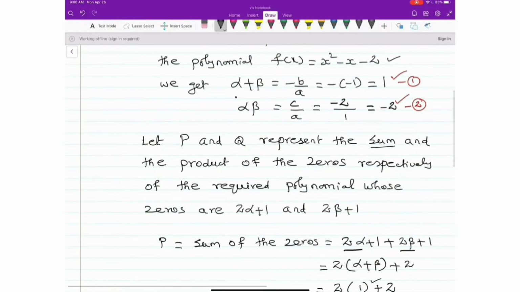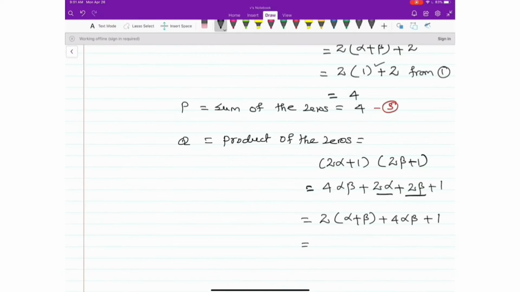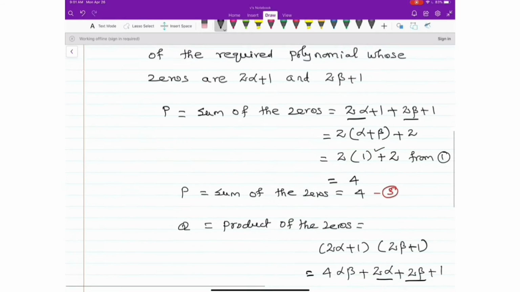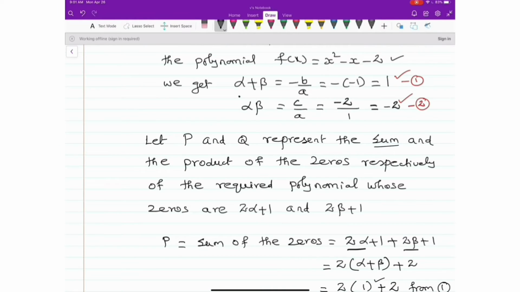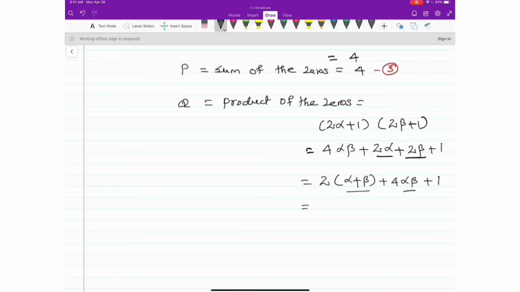Actually that I got it from 1. So let me make a note of it from 1. When it comes to product of the zeros, I have to make use of the values of alpha plus beta as well as alpha beta. So alpha plus beta is 1 and alpha beta is minus 2. So this is 2 into 1 plus 4 into minus 2 plus 1.